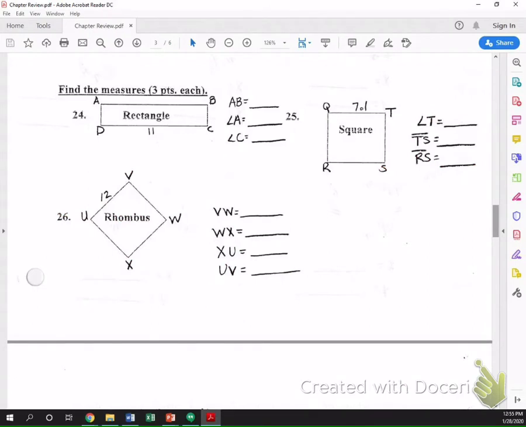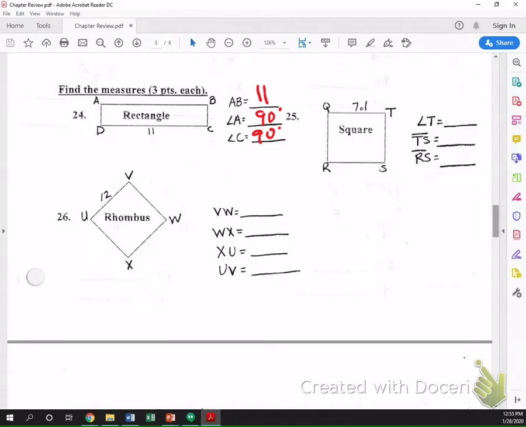What do I know about the sides of a rectangle? They don't all equal each other. The opposite sides equal each other. So what's the measure of AB? 11. Good. And all the angles are 90. All right, number 25.